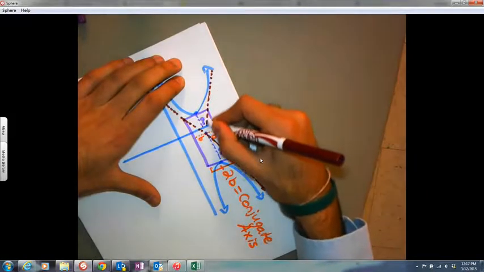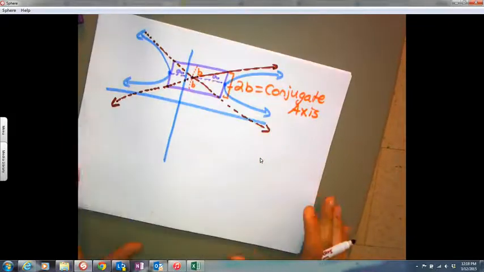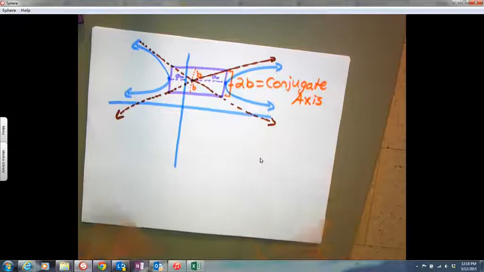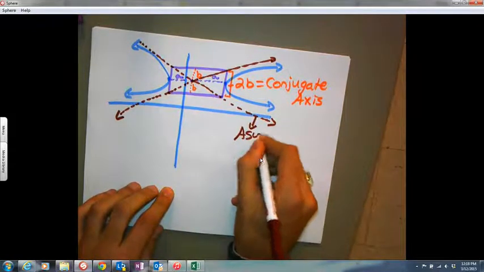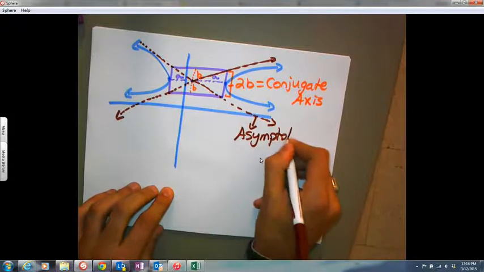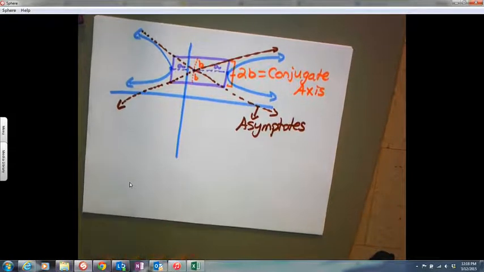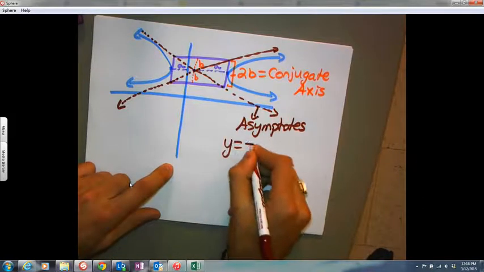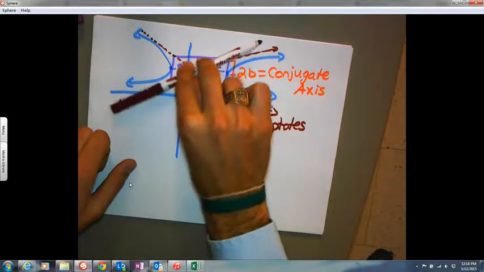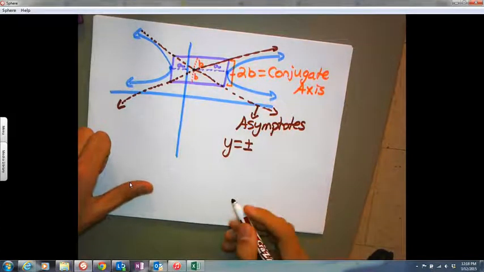And they make an X. Asymptotes. And these asymptotes have the equation y equals plus or minus, one is positive sloping, one is negative sloping, plus or minus b over a, (x minus h), plus k.